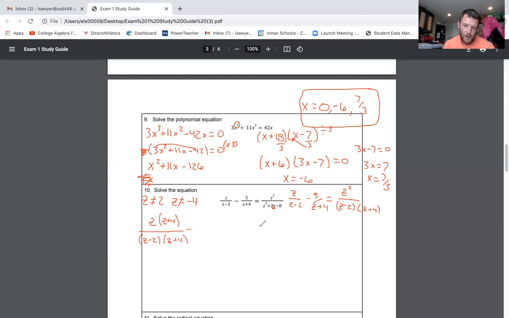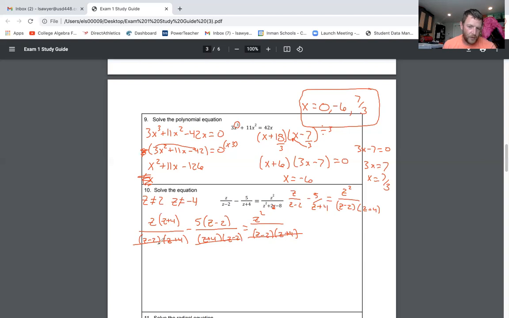The second one is missing a z minus 2, so I put z minus 2 on top and bottom. The last one has them both already, so I don't need to do anything. Notice the bottoms are all the same, so I can get rid of them.